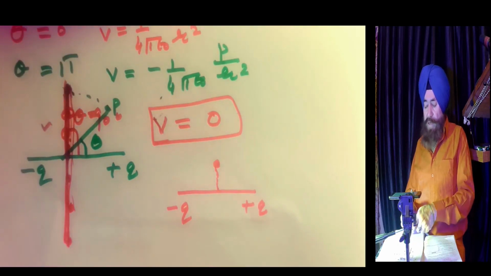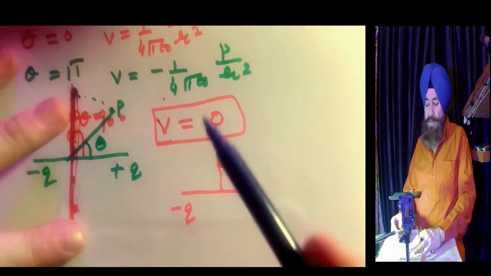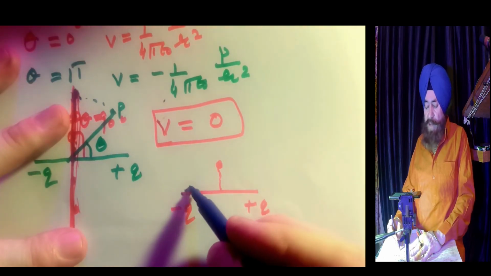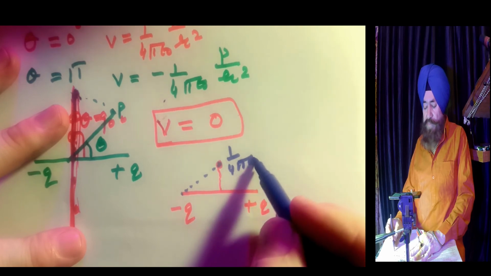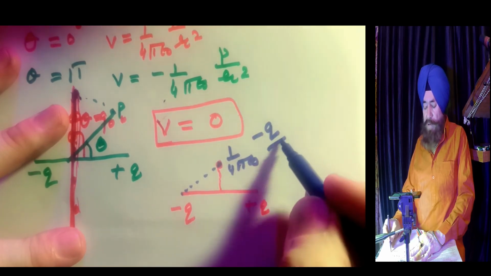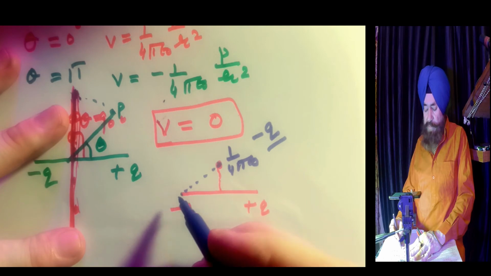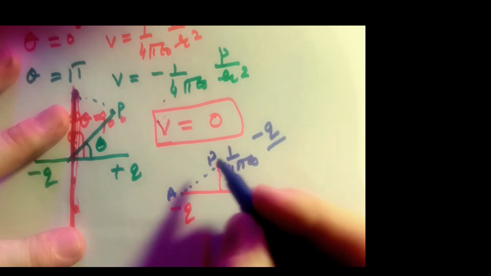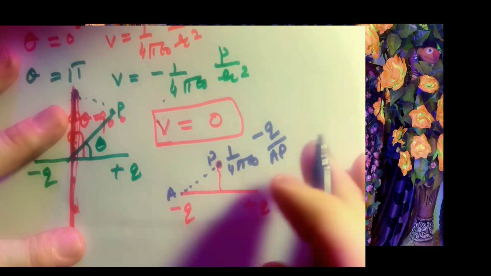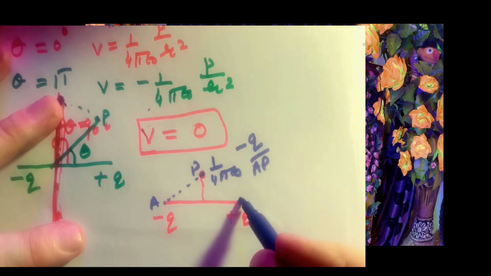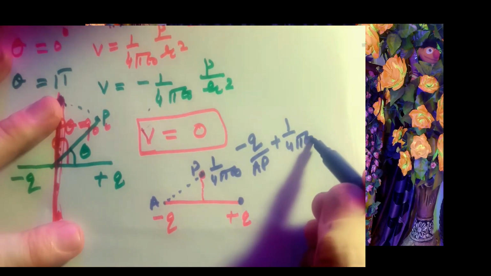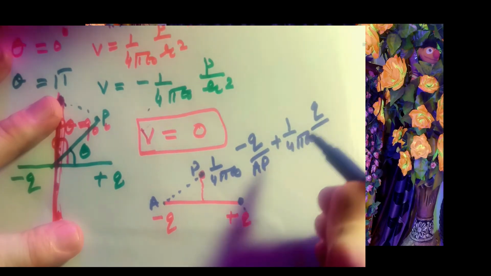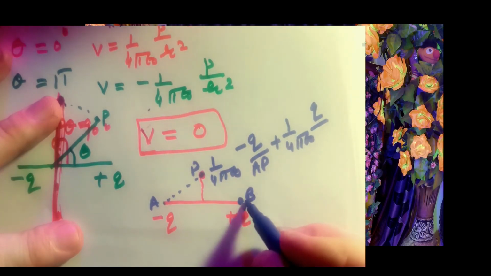And what do you think about potential otherwise, without expression? You will say potential here is constant times minus q upon this distance, this is AB, plus potential here because of this, constant times plus q upon BP.